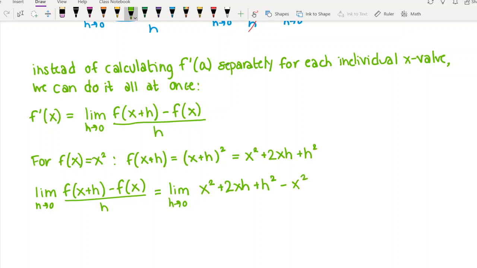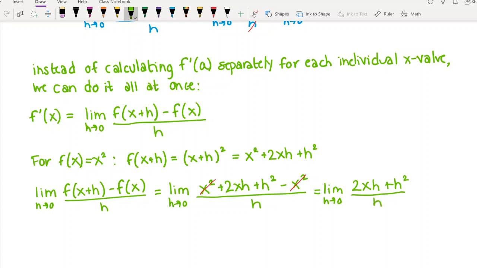That's the function f of x is equal to x squared, over h. And so the next thing that's going to happen is actually going to be extremely similar to what happened on all the examples above. So the x squared and the x squared are going to cancel out with each other, and we'll be left with the limit as h approaches 0 of 2xh plus h squared over h.